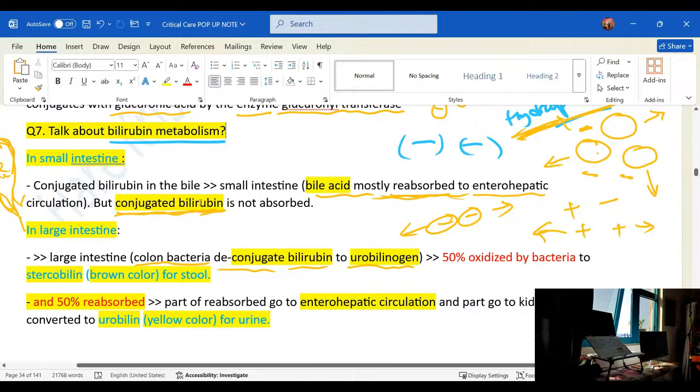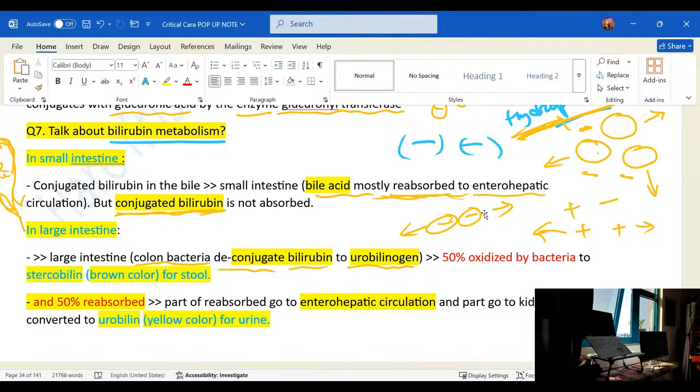When it comes into the large gut, it becomes unconjugated. Deconjugated means unconjugated by gut flora. Once unconjugated, gut flora act on it and oxidation happens, and then it becomes stercobilin.